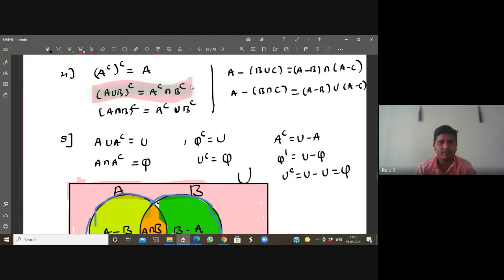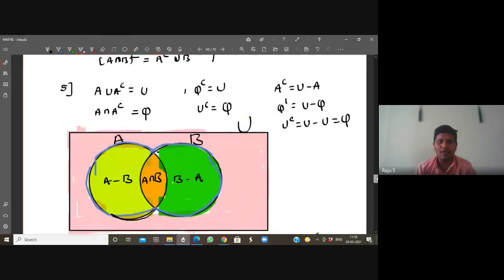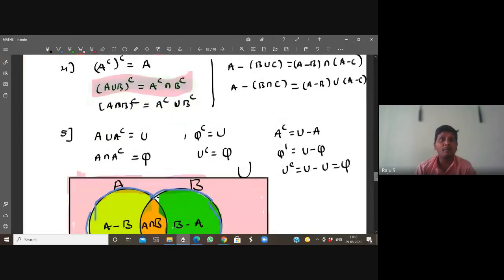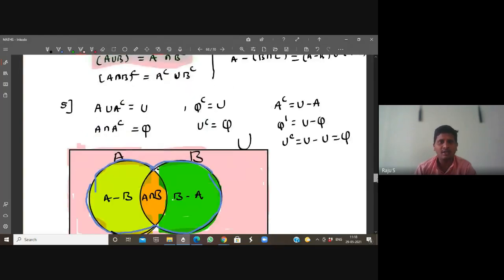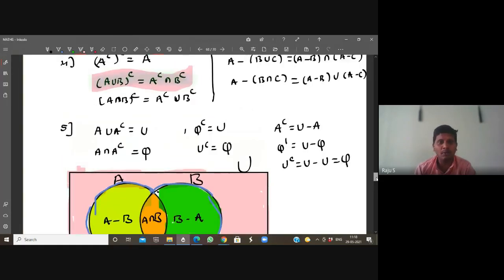A union B. What is the A union B region here? Whole A and B. Am I right? But complement is there. A union B whole complement is given by what? Other than A and B. Yes or no? What is the region of A union B whole complement?